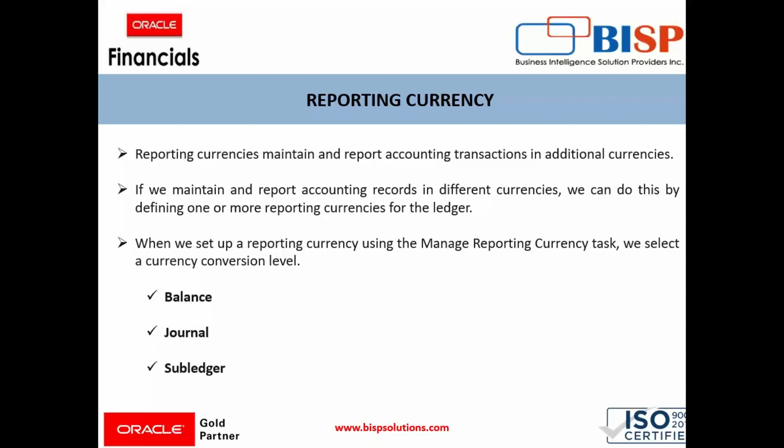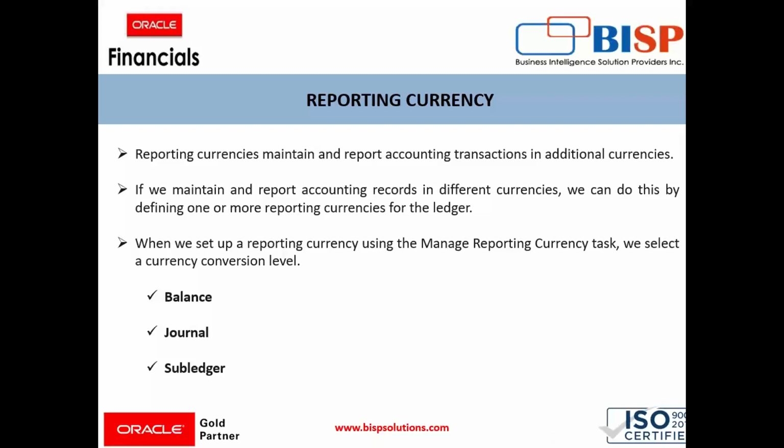So, when we set up a reporting currency using the manage reporting currency task, we select a currency conversion level which can be balance, journal, or subledger level. Under the balance level, when we run the translate general ledger account balance process, balances are transferred from a specified ledger to the reporting currencies and converted.